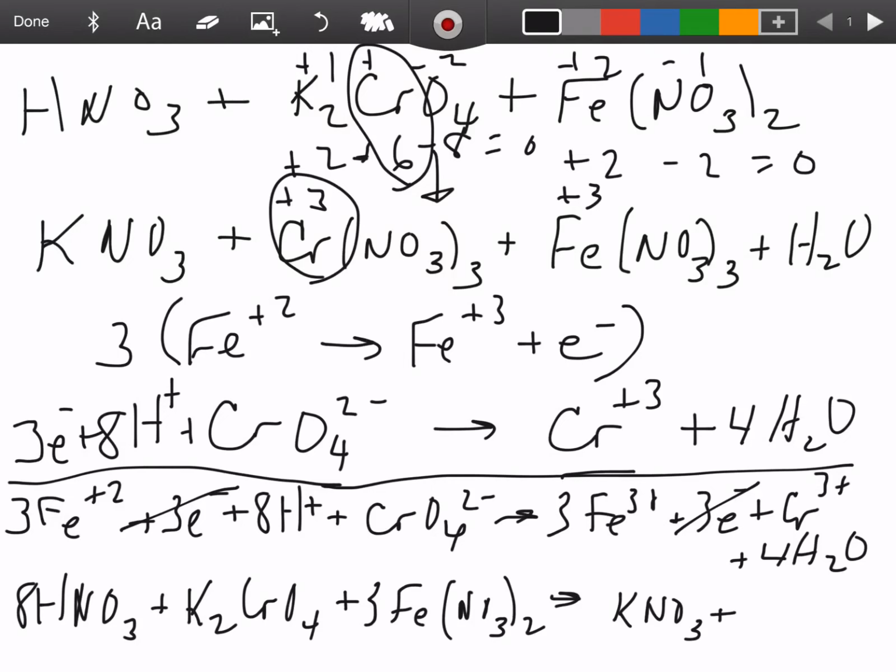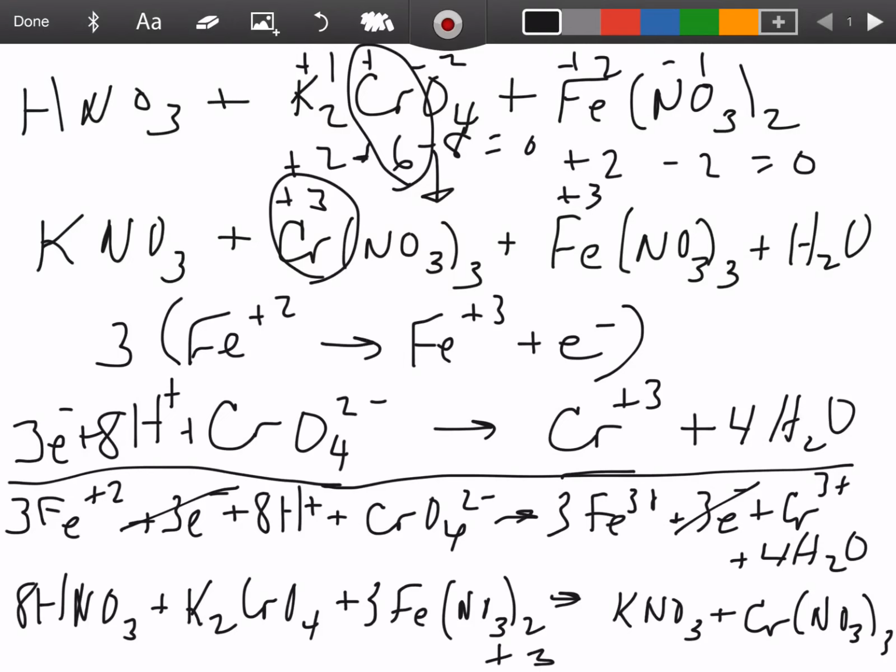But I'm also going to need a Cr(NO3)3. And the next thing over is that iron 3 nitrate, so allow me to write on the bottom here.